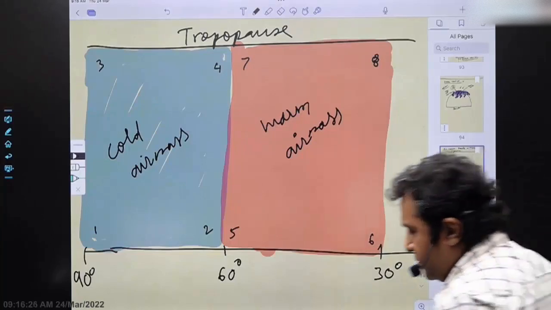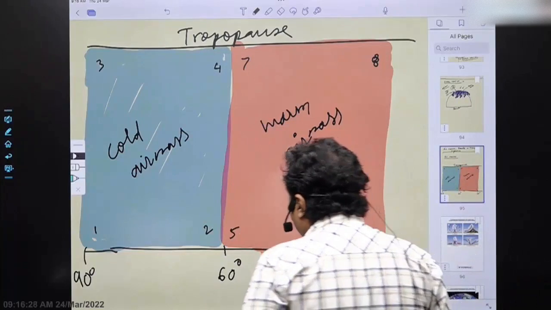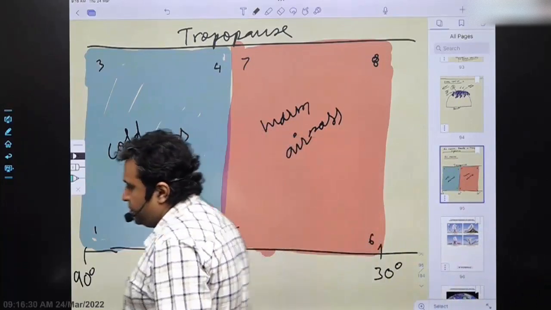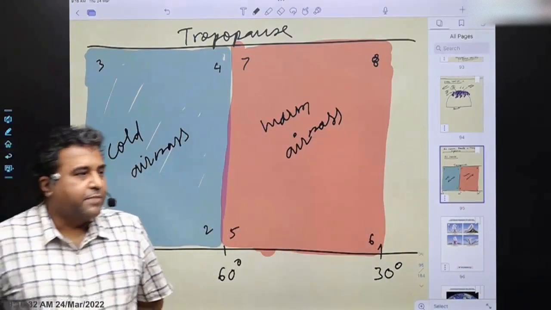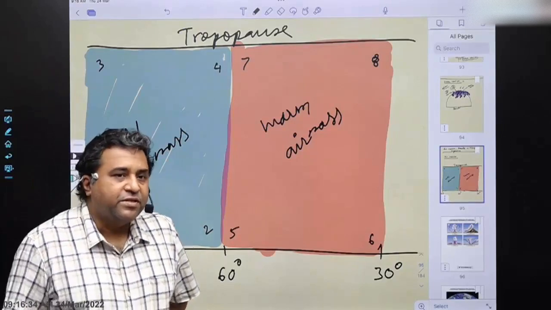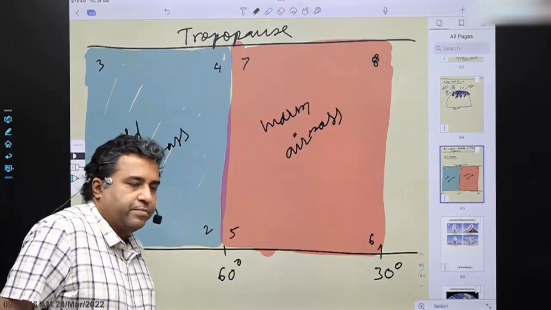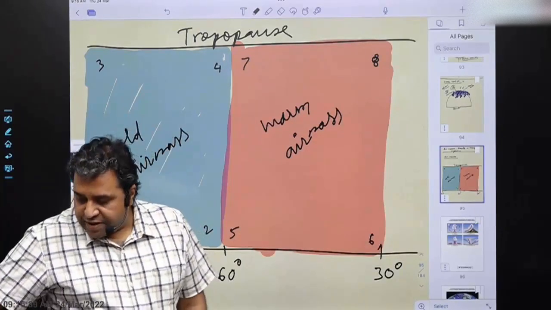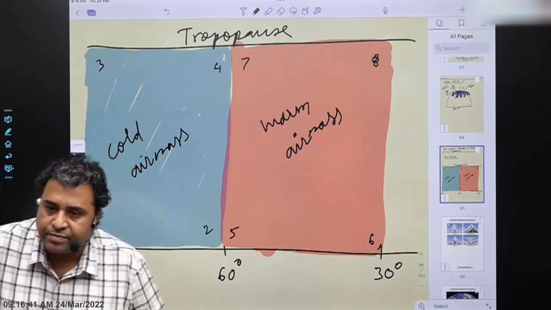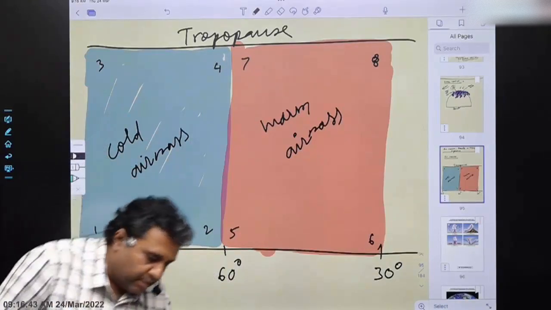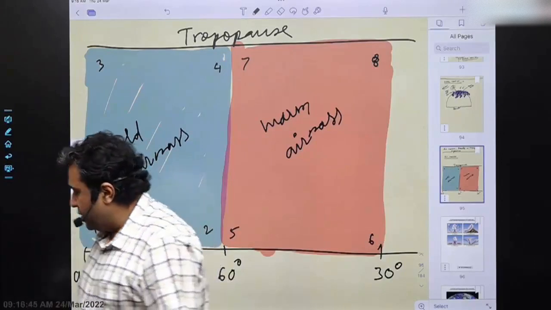At what rate? At normal lapse rate. So vertically the temperature is never same. Okay. How will it be same? Only horizontally.